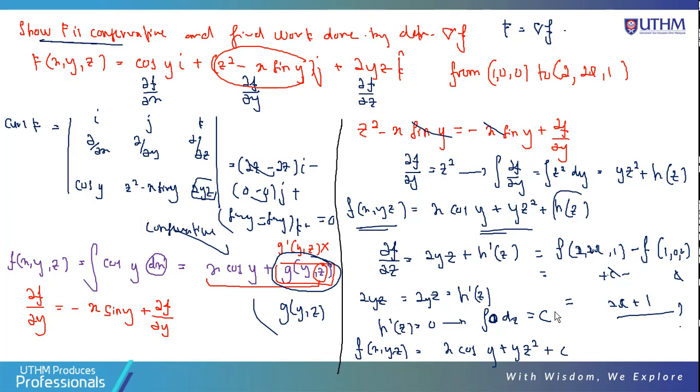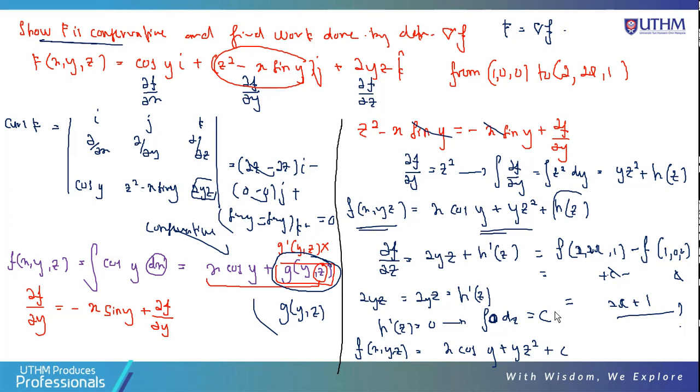Kalau soalan kata conservative, barulah guna ni. Okay, guna kaedah ni and then determine the potential. Kalau tak ada, macam soalan sebelum-sebelum ni, dia just direct, dia tak ada pun word for the conservative, gunalah kaedah yang sebelum ni. Jangan you determine the potential function, sebab potential function ni applicable when the vector field is the conservative. Okay, that's all for the class today.